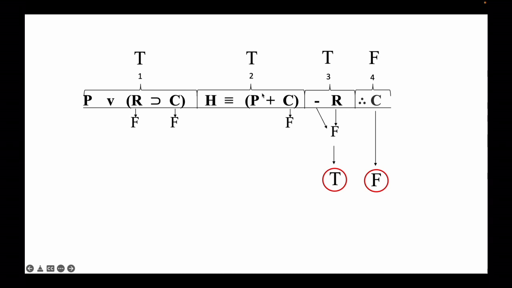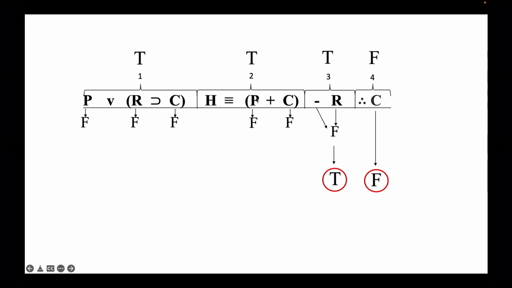So, what does that mean? It means that since I know already that the conjunction in parentheses is going to be false, I'm going to say that P is false. Okay? And then I plug in the truth value for P right here in the first premise.